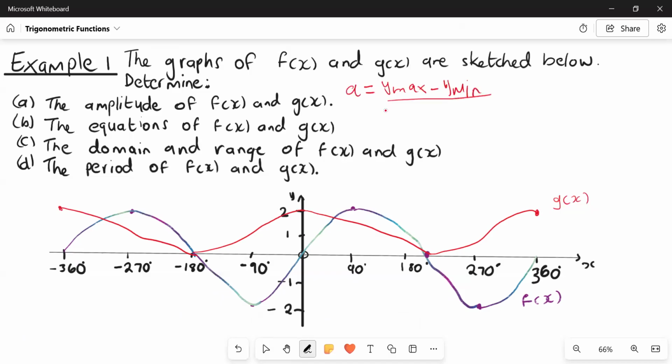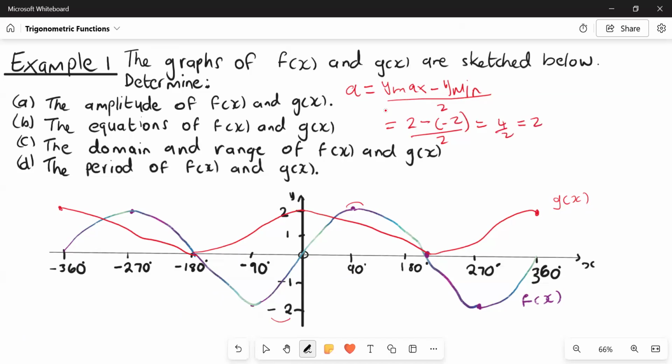So what is your y maximum for the sine graph? That's positive 2 and then negative 2, the minimum. So you'll have your 2 minus negative 2 divided by 2, which will give us 4 over 2. And that's just equal to 2.